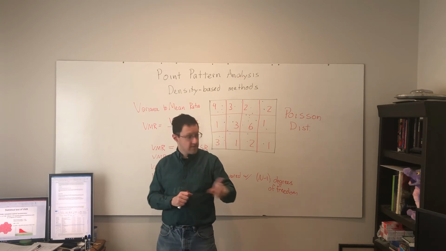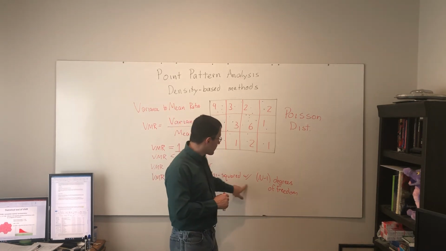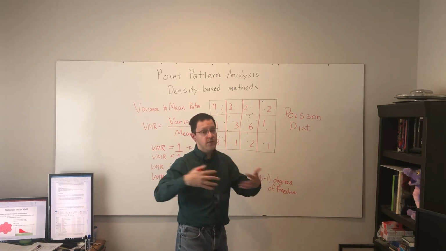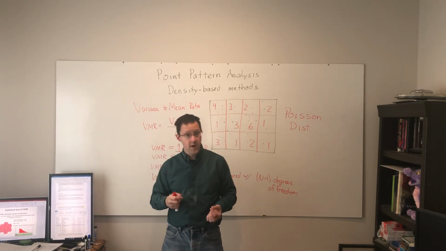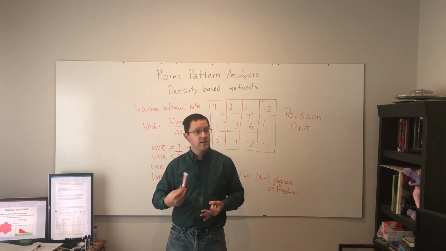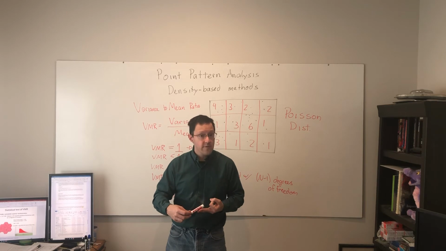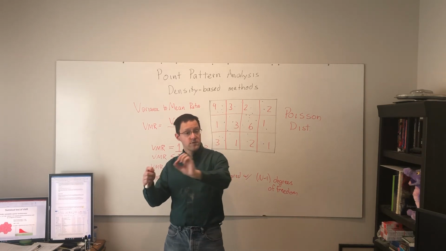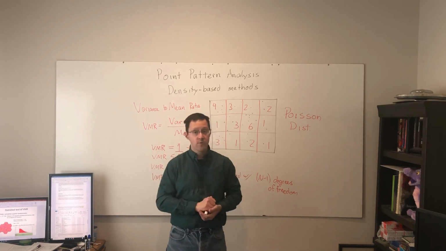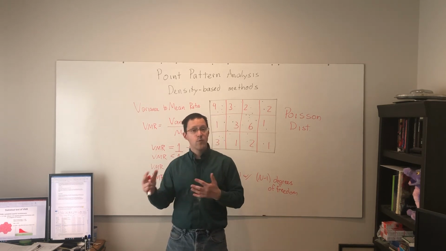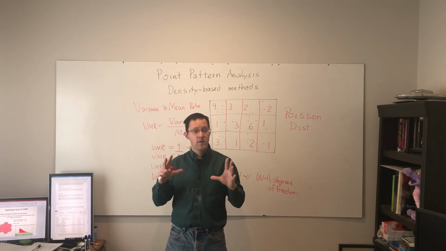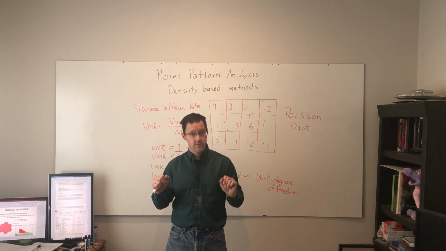I can then use this null distribution under that assumption of complete spatial randomness, under the null hypothesis, and use the same test, the same idea, the same Excel formulas to answer, is this variance to mean ratio far enough from 1 to count as a non-random distribution?